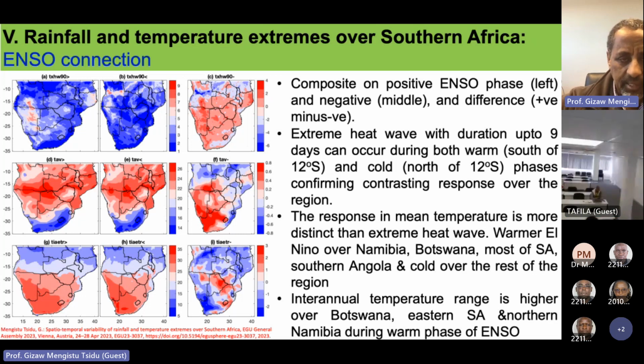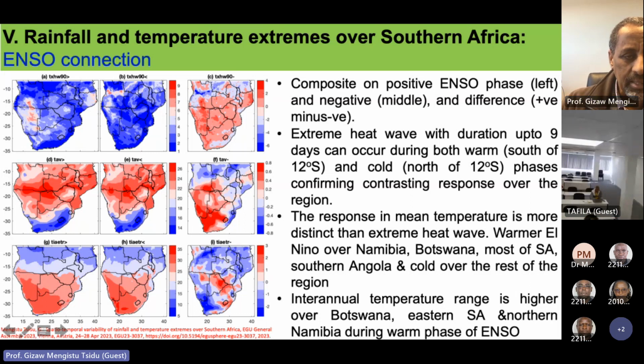Yeah. So the first column in this slide is the El Nino composite, and the middle one is the La Nina composite, and then on the right on your screen is the difference between the two. First column minus second column gives you the third column.